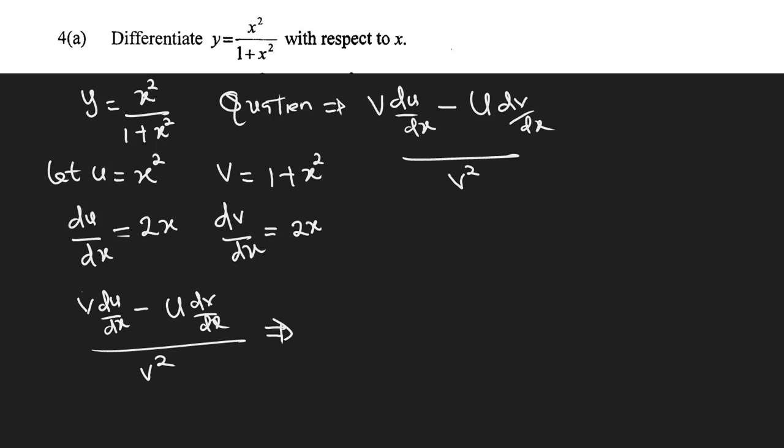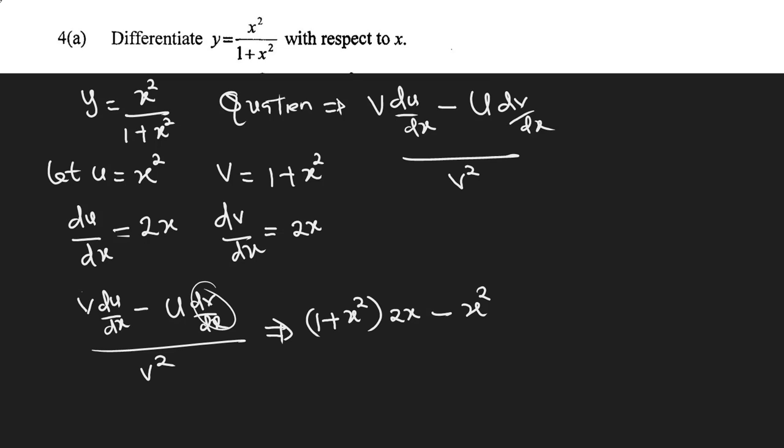What is our v? Our v is this. So we'll put our v, which is 1 plus x squared. Then multiply by du dx. And what is our du dx? Our du dx is this, 2x, right? So multiply by 2x. Then we have minus u, and what is our u? Our u is x squared. So we'll put x squared and dv dx.